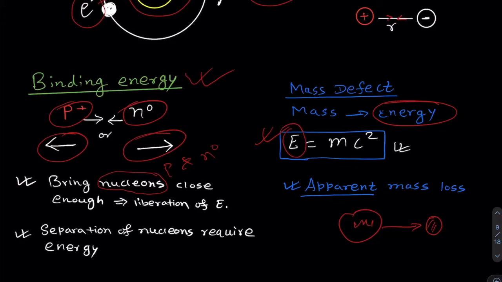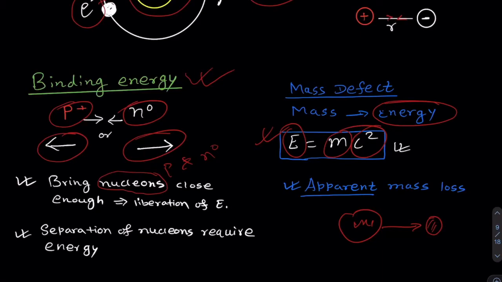E equals mc square. So the main idea here is you feel like there is apparent mass loss, but it is not actually a loss. Think about conservation of energy. What's going on here is mass is changing, or I don't want to say change, is converted to energy, let's say. Conversion is going on there, or transformation, whatever you want to say.